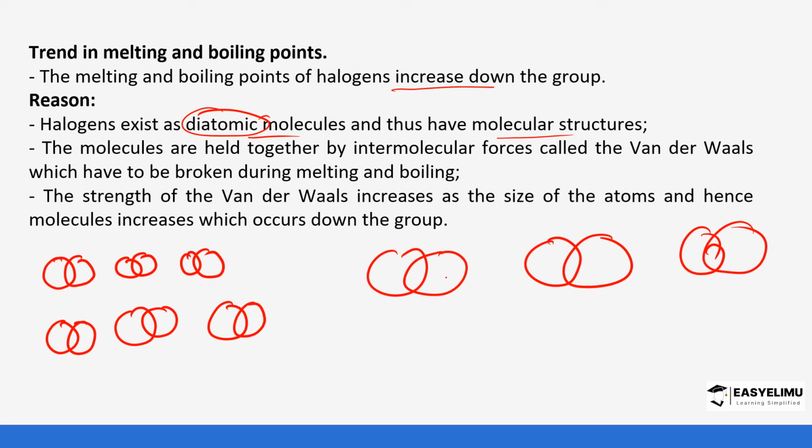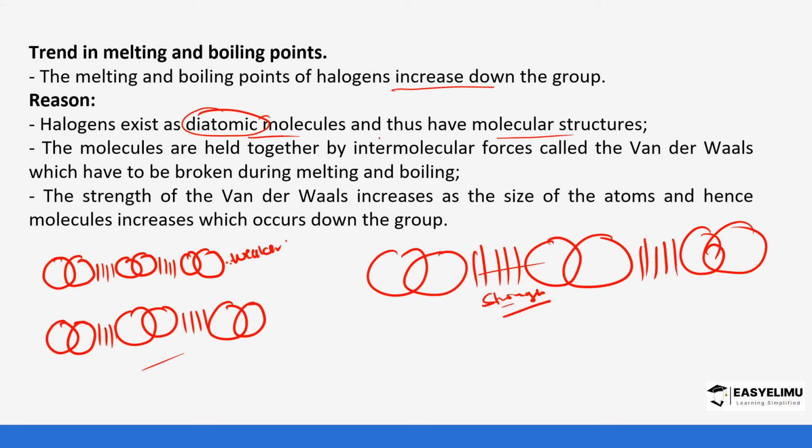If you look at the van der Waals forces, which are in between the molecules, you'll notice that their strength is dependent on the size of the molecule, which is dependent on the size of the atom. So the smaller the atom, the smaller the molecule, the weaker the van der Waals forces. The bigger the atom, the bigger the molecule, the stronger the van der Waals forces.